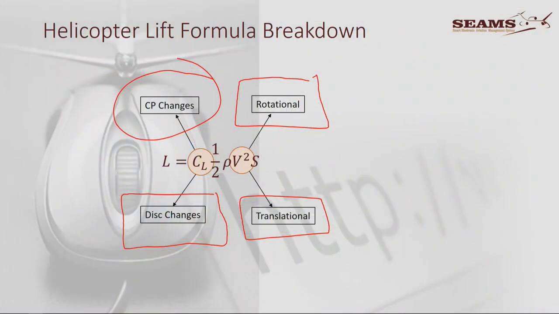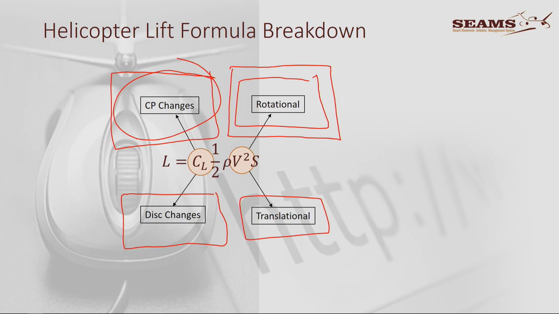So just to have a look at the formula, lift equals coefficient of lift, half rho V squared S, and all of a sudden there are two things. Normally on the ground, when we start up, we would use the engine to excite the rotation of the blades. Once the rotation is done, you can get airborne simply by increasing the collective pitch, because that is the collectiveness of the pitch of both blades.